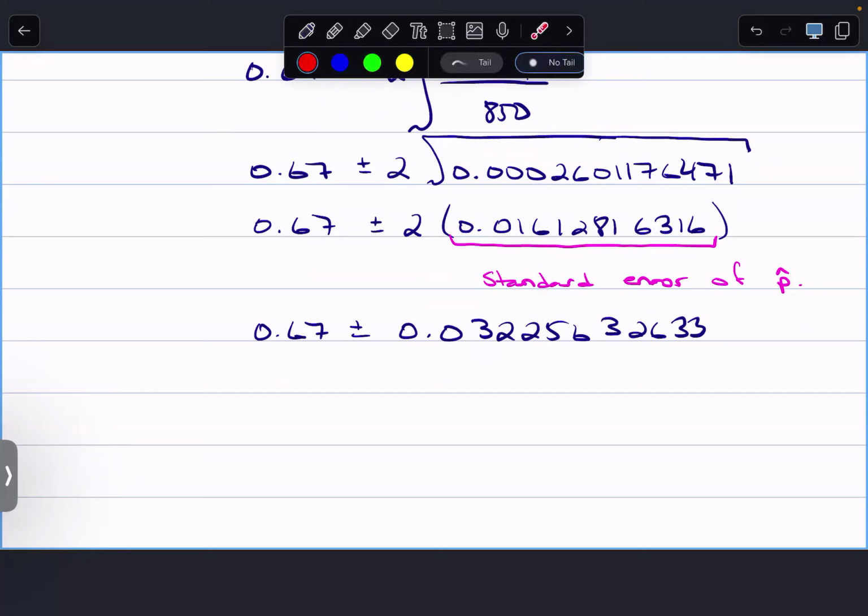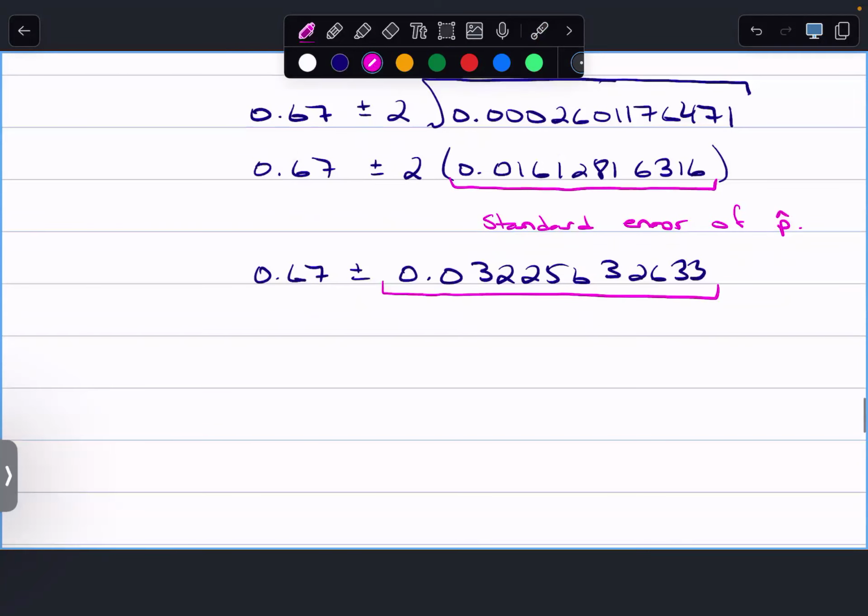Okay, once I've multiplied by my critical value, this is called my margin of error. So in a lot of research papers and scientific journals, you're going to see the margin of error.